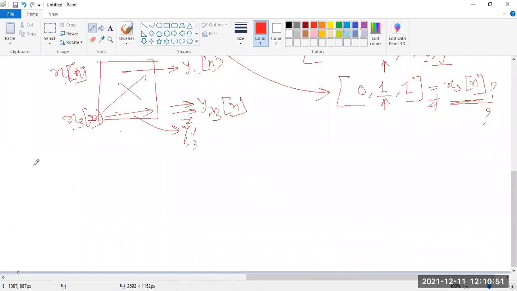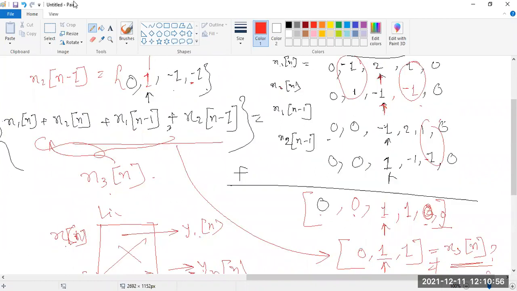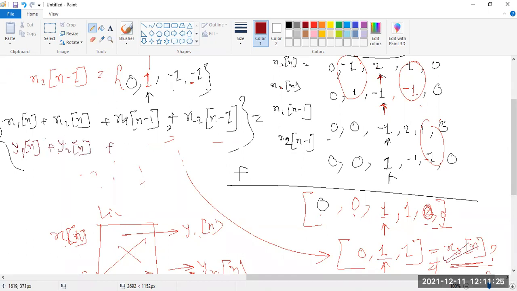So I just write this here so that you can understand. Okay, so remember this is just like x3n. So I am putting y1 of n as the corresponding output, plus y2 of n as its corresponding output, plus y1 of n minus 1.